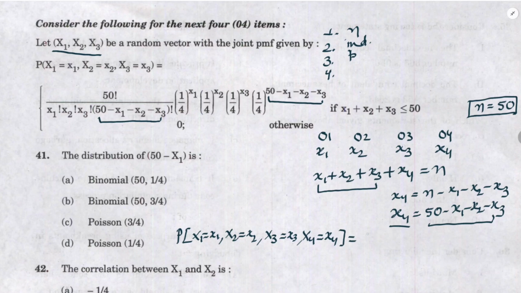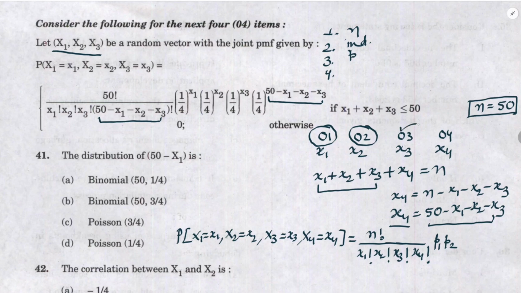equals n factorial upon x1 factorial, x2 factorial, x3 factorial, and then x4 factorial. Now suppose the probability of occurring the first type of outcome is P1, then we can write P1 here, and the probability of occurrence of the second type of outcome is P2.